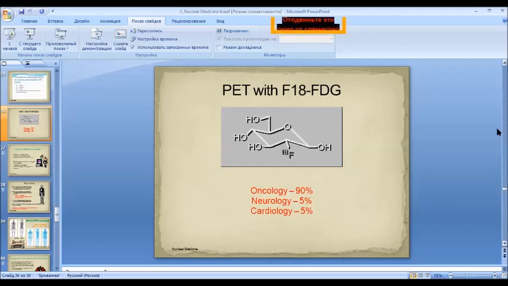From this fact arise indications for use of fluorodeoxyglucose in nuclear medicine diagnostics. Most cases are cases of oncology of different sites, and it also may be useful in neurology and cardiology.